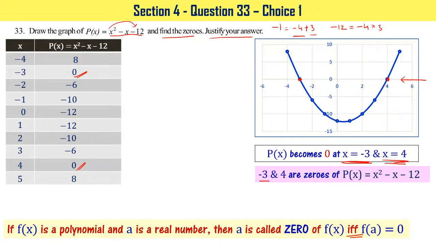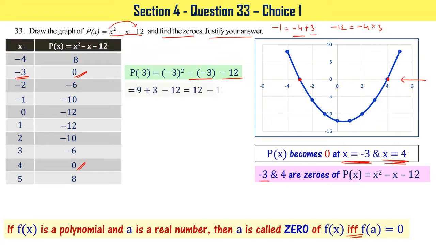Then you have to verify it. Otherwise, also, one can verify quickly by simply substituting minus 3 for x and see whether you are getting 0 or not. Let's do that now. P of minus 3 can be written as minus 3 whole square, that is x square, minus times minus 3, that is minus x, minus 12.